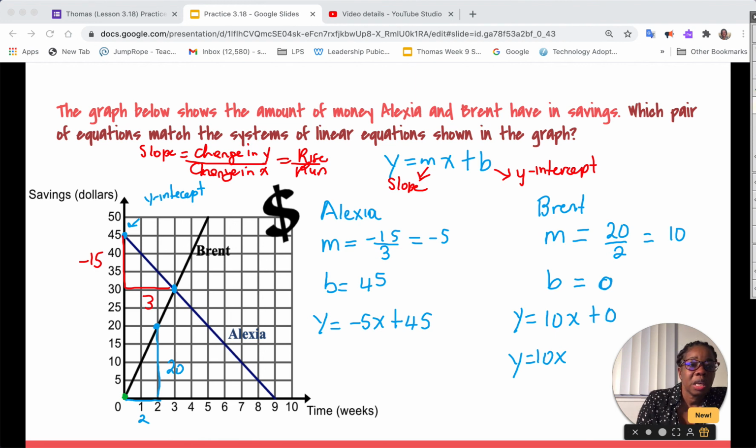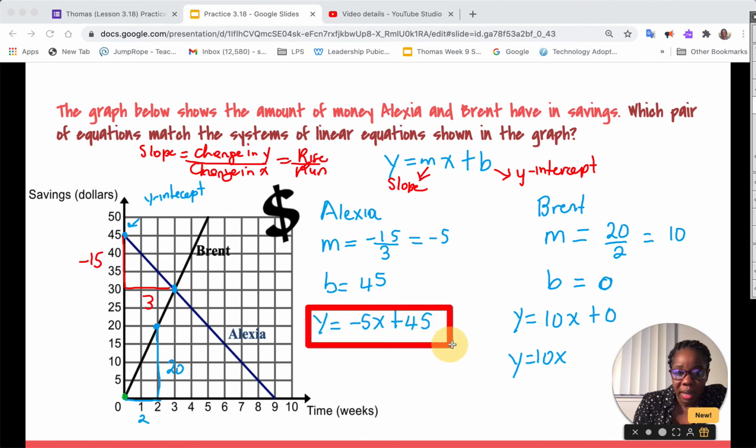So the pair of equations that we should be looking for is y is equal to negative 5x plus 45, and y is equal to 10x.